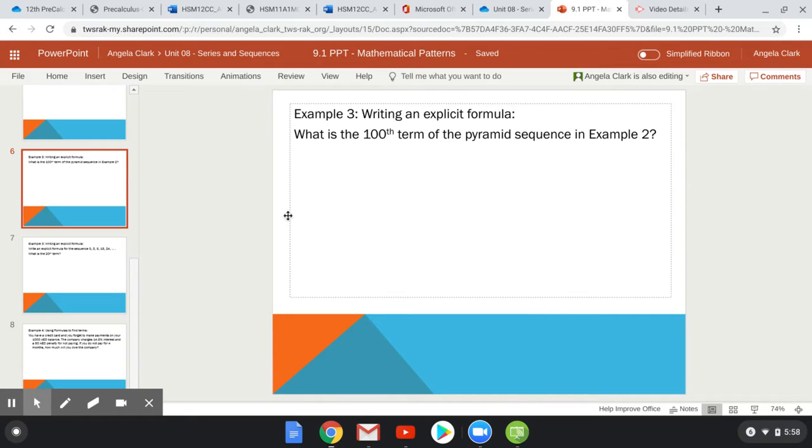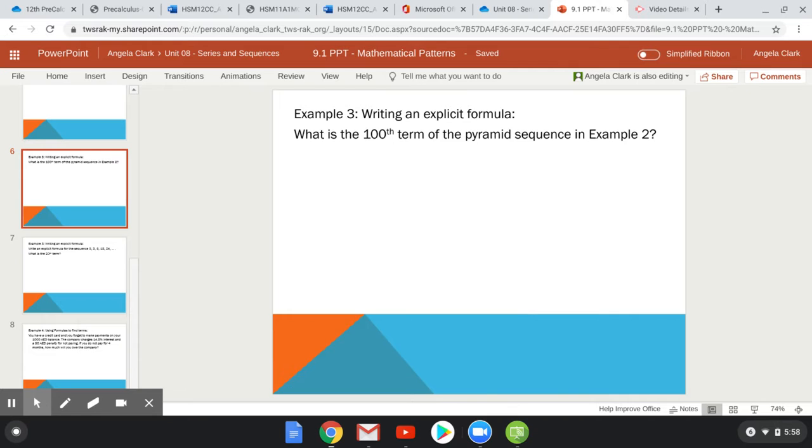In that example, we made a recursive formula. In this example, we're going to make an explicit formula for the same sequence.